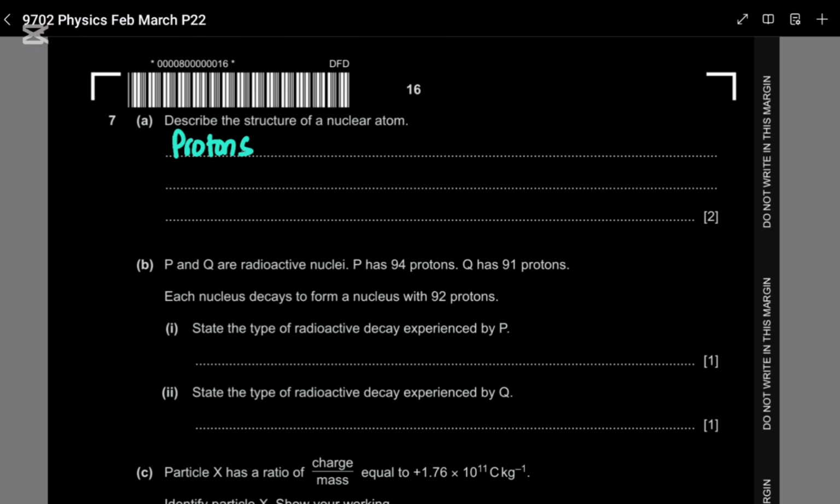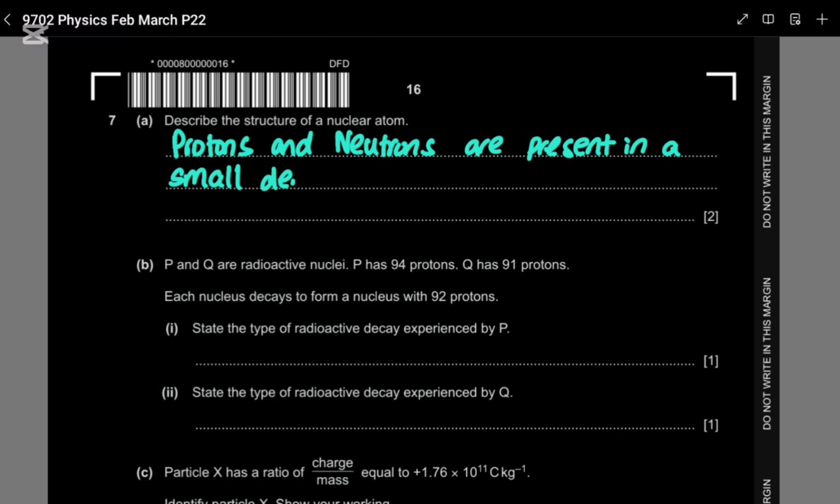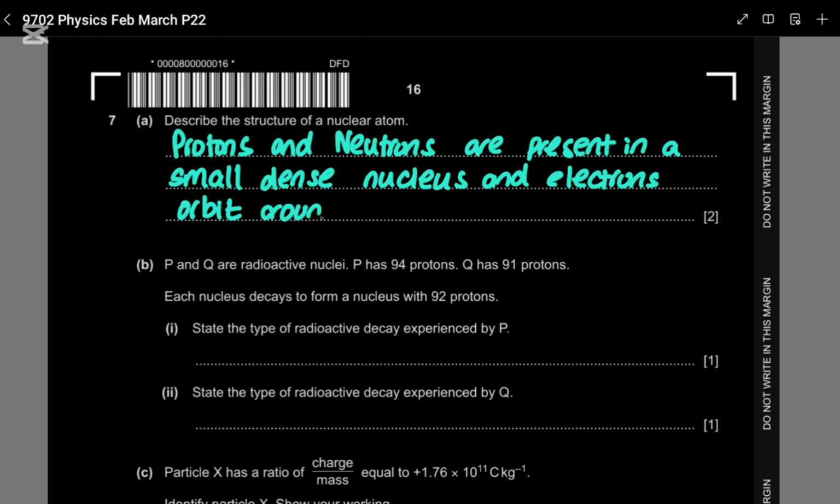Protons and neutrons are present in a small, dense nucleus, and electrons orbit around the nucleus. So this is basic stuff.